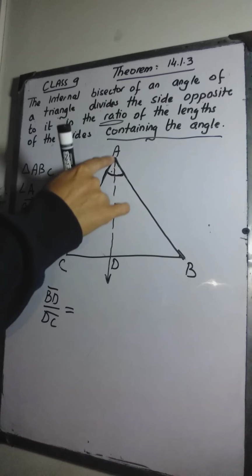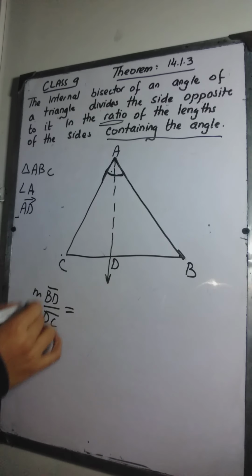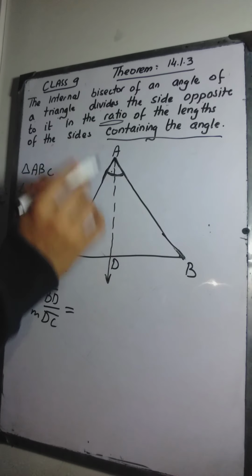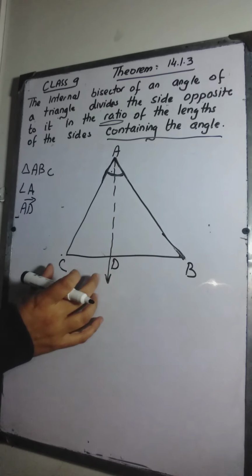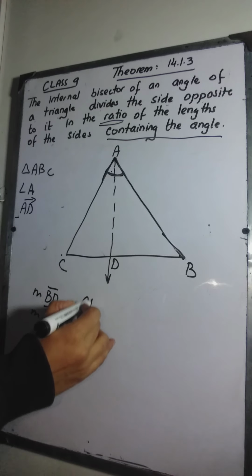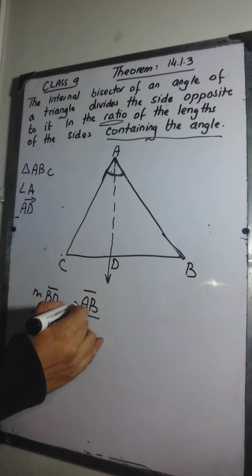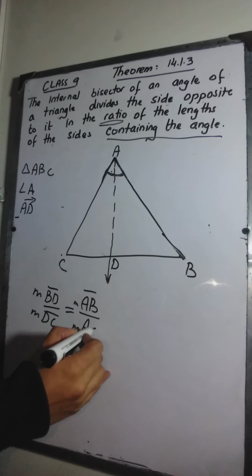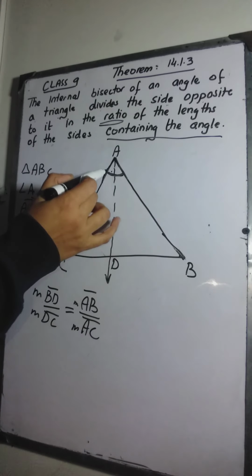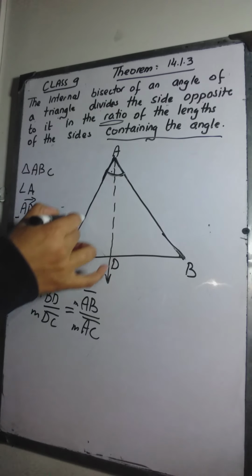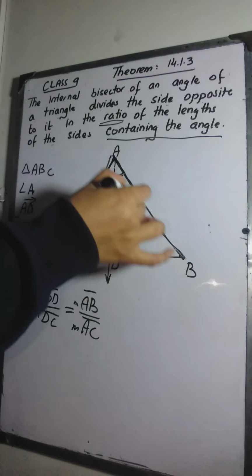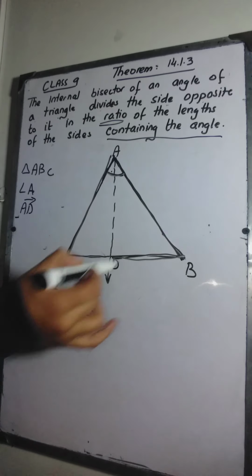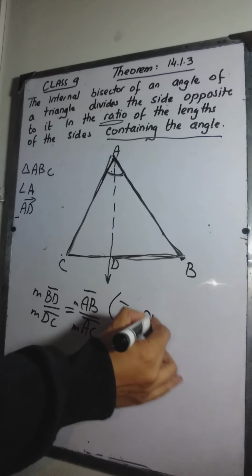These are the sides which are containing the angle A. So the ratio of these two segments is equal to the ratio of the sides between which angle A is contained. This is what we need to prove.